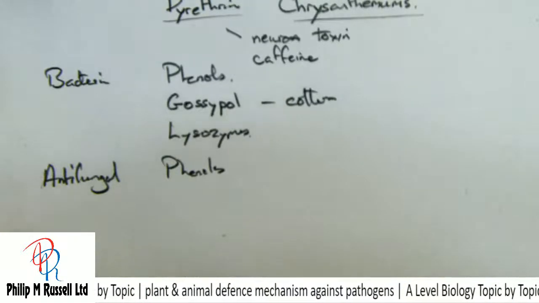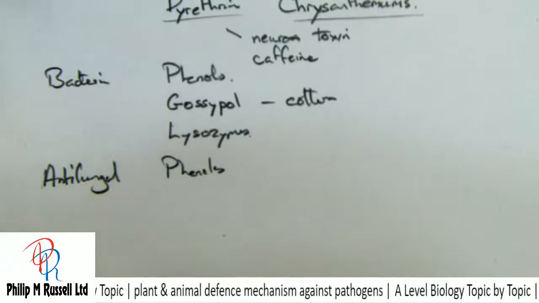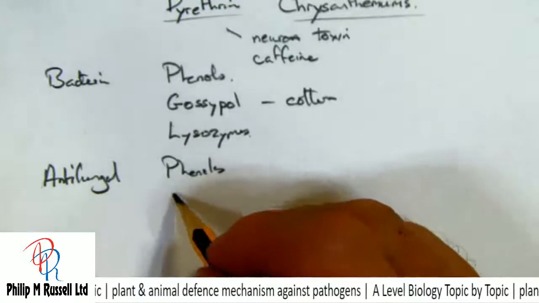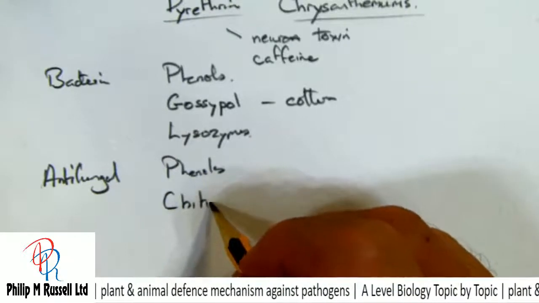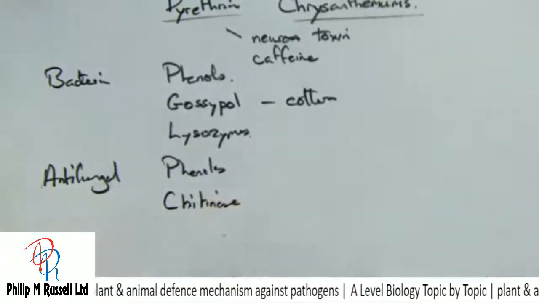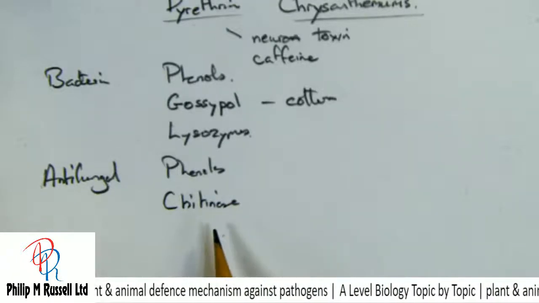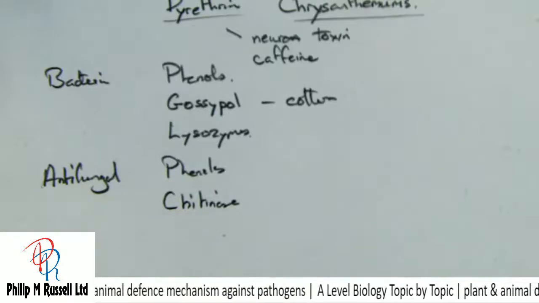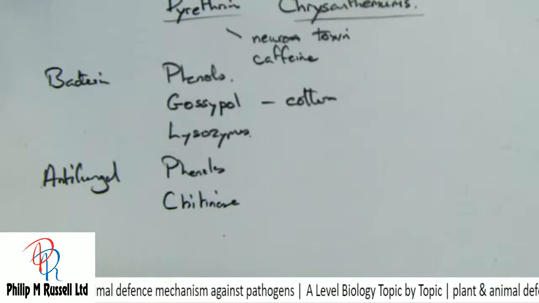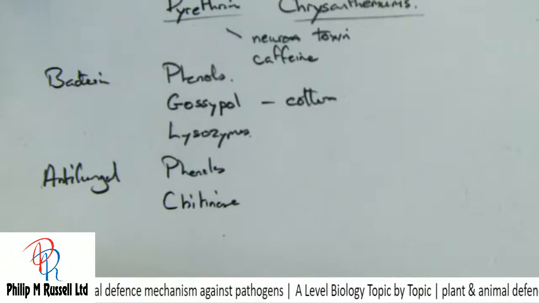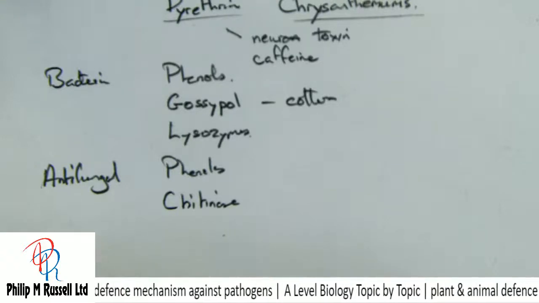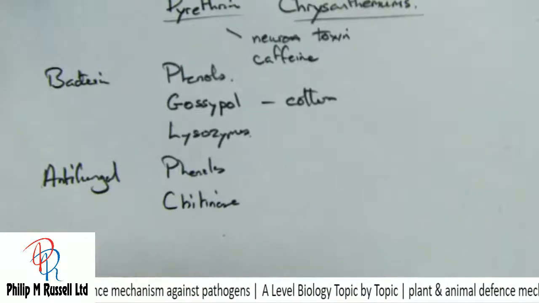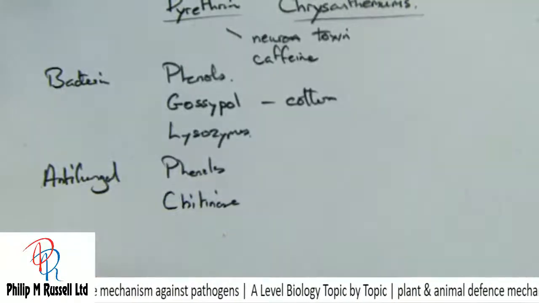But there are lots of interesting things that some plants produce. Chitinase. Now this doesn't have any effect on the plant, but it breaks down the chitin in the fungal cell walls, so that's not going to do the plant any harm, but it's certainly going to do an awful lot of harm to the fungus.